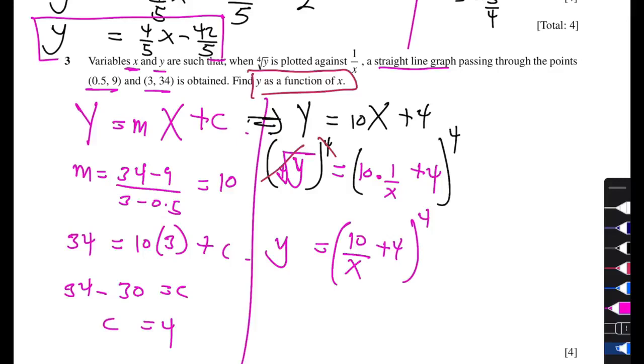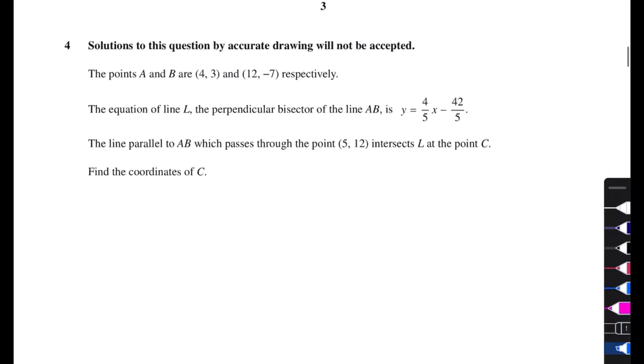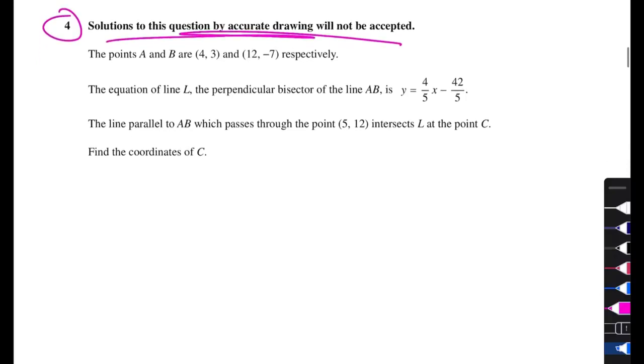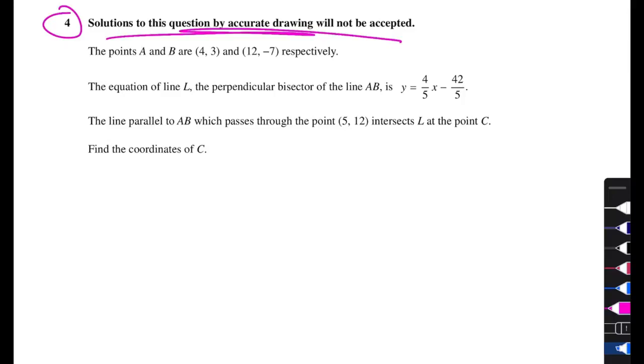Let's look at question number 4. Question 4 says do not do any accurate drawing here. They want you to solve it yourself, so let's just solve it. It says that for the points A, B, the equation of the line L, the perpendicular bisector of line AB, has been solved for us.